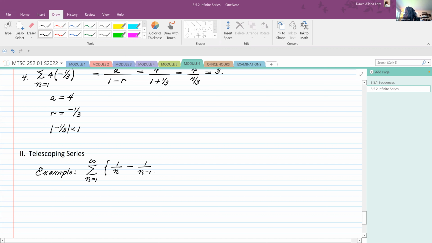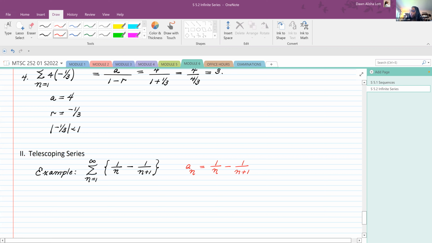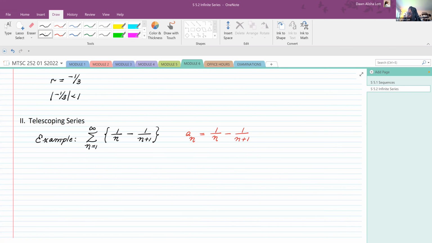Now, this looks weird, but what you need to realize here is that your an is the whole thing. It is 1 over n minus, this has to be a plus 1, minus 1 over n plus 1. So the whole thing is an, the whole thing. Okay, so your S1 is 1 over 1 minus 1/2.